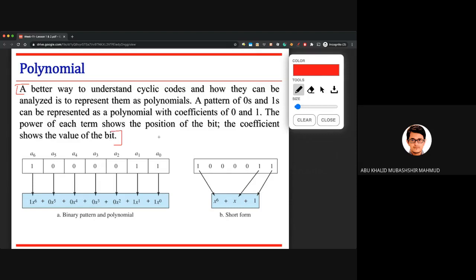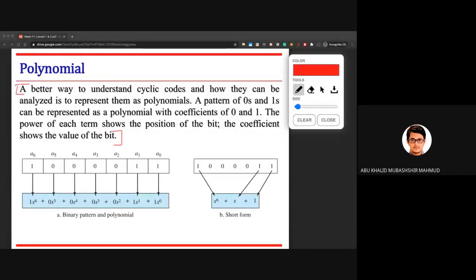A better way to understand cyclic codes and how they can be analyzed is to represent them as polynomials. A pattern of zeros and ones can be represented as a polynomial with coefficients of 0 and 1. The power of each term shows the position of the bit.